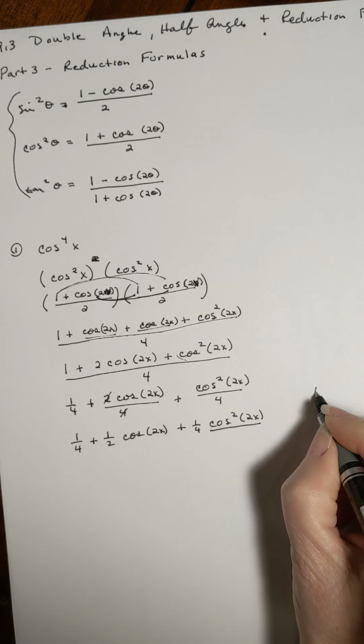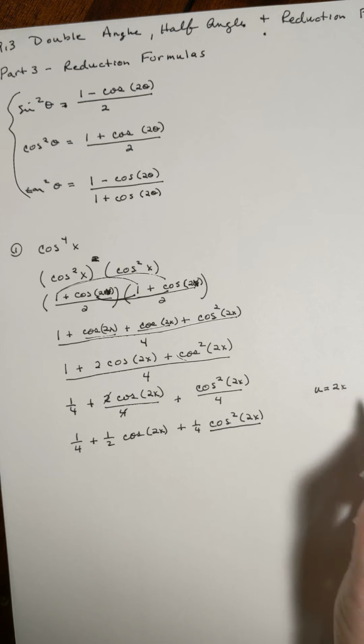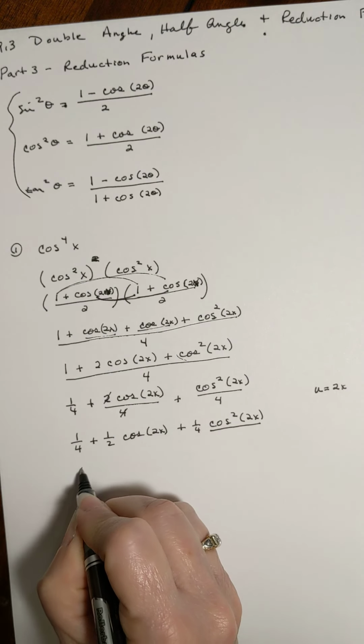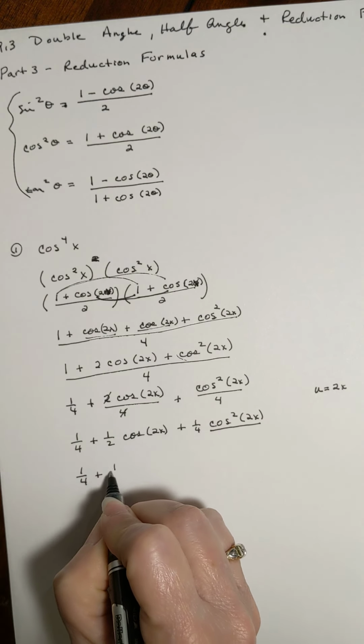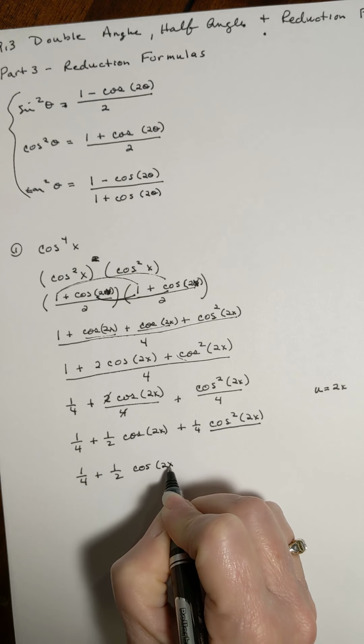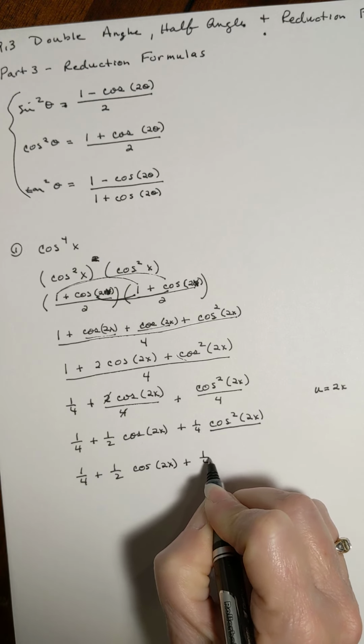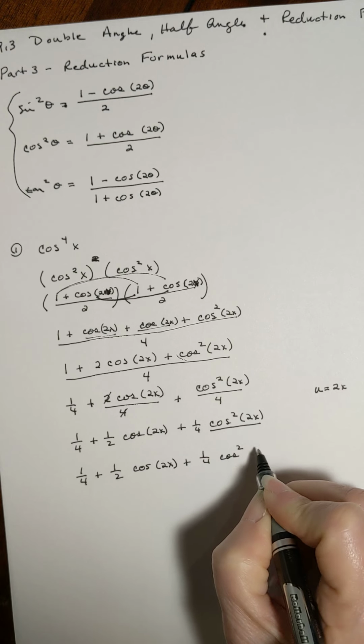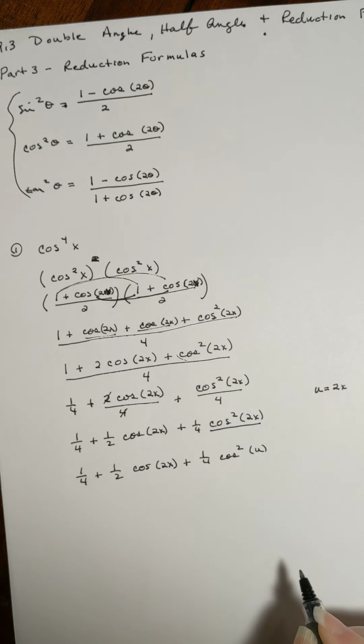Now let's let u equal 2x. So I'm going to have one-fourth cosine squared of u.